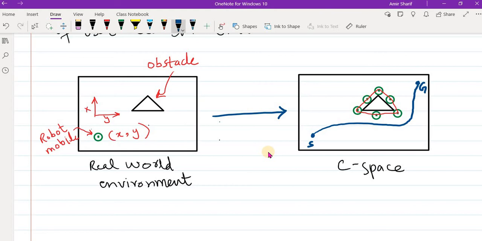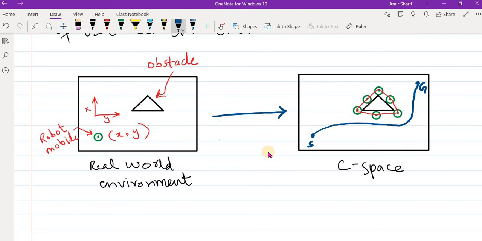But if you don't do this, then there is a chance that this path will move near the obstacle. Because while drawing the path we were considering the robot as a point, but actually the robot is not a point, it has some radius, it has some size.